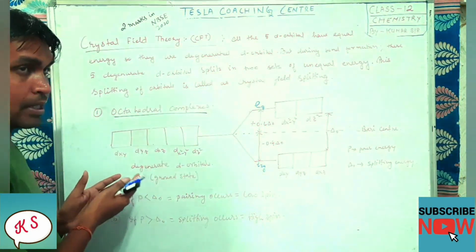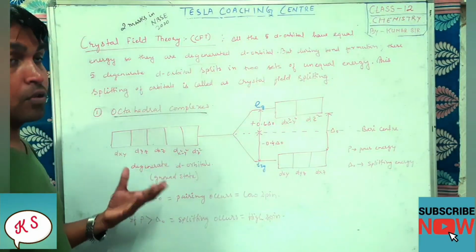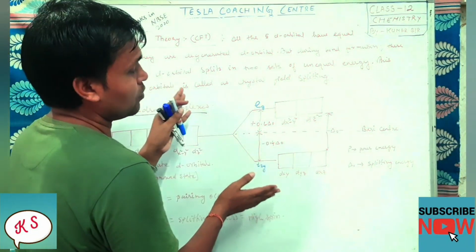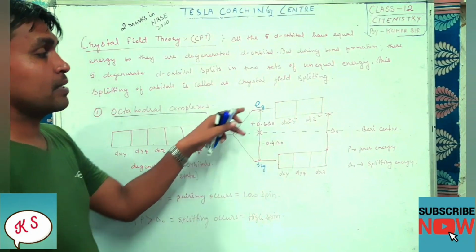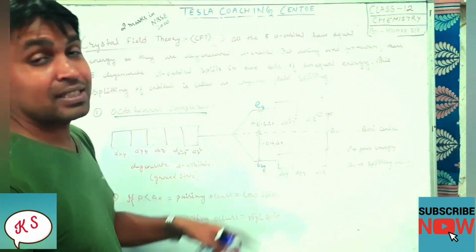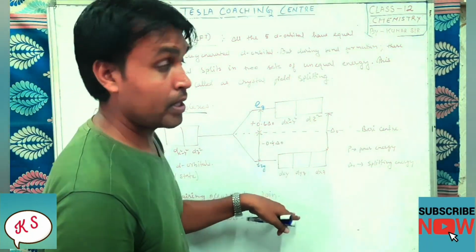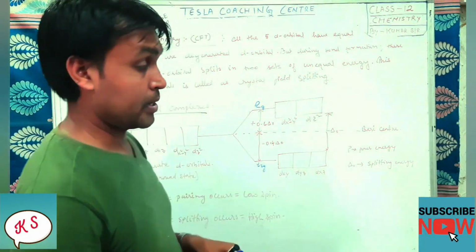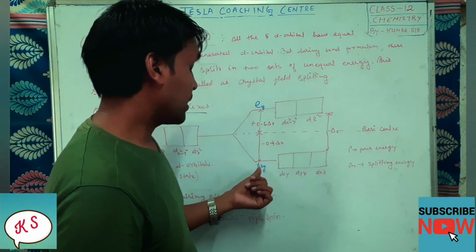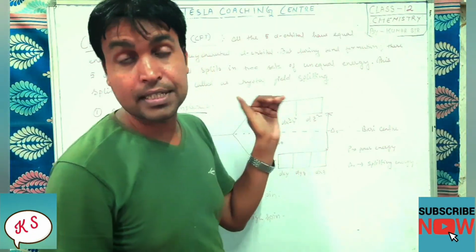Now what will happen? They will split into 2 different sets. The lower energy set we call t2g orbitals, and the upper set, with higher energy, we call eg orbitals.